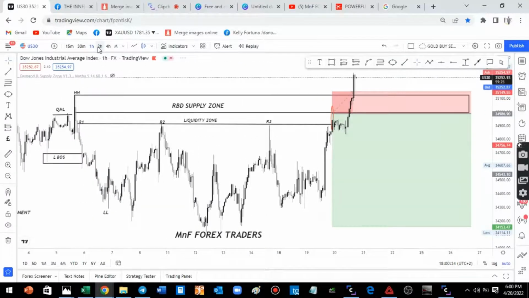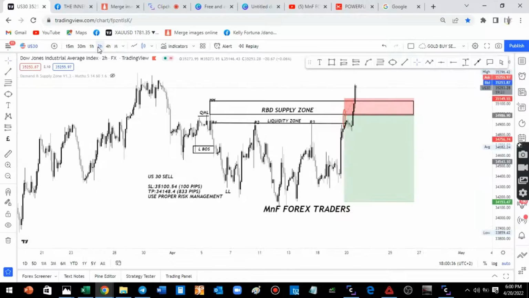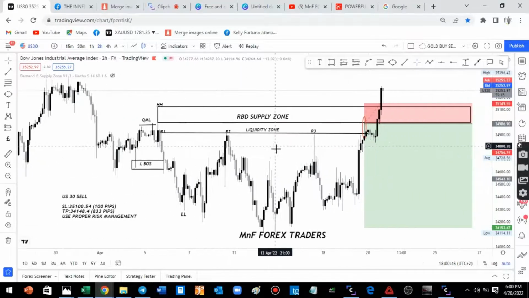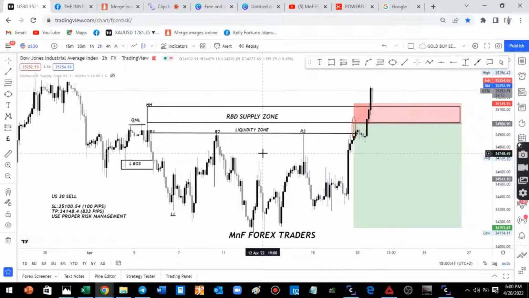What happened? Like I always say, anything can happen, and you and I have no control over what's going to happen in the market, right? So the only thing that you can control is your risk and the mind that you bring to trading. Those are two things that you can control as a trader. However, you cannot control what happens to a trade, whether it's going to buy or sell.